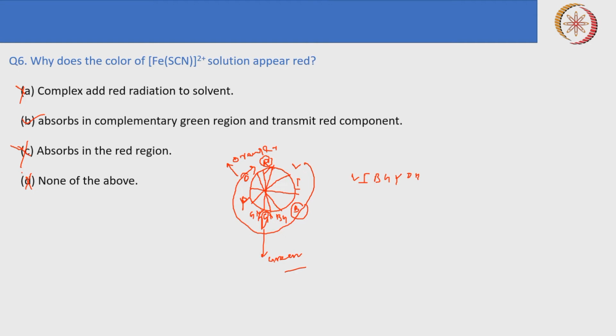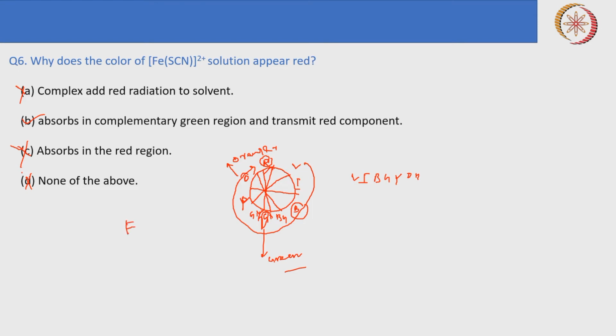Okay, so Somodev has written that color formation is due to the charge transfer complex. That's charge transfer complex. Yeah, that can also be the answer. But in the question, there is no charge transfer complex option.